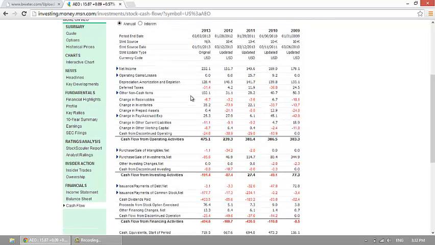But you'll notice at this point, I still can't really make a purchase or not purchase decision. In order to do that, I have to go deeper in the company. But so far, from what I've seen, it looks really good. So pretty much here, I just did a quick skim of the balance sheet and the income statement and the cash flow statement.